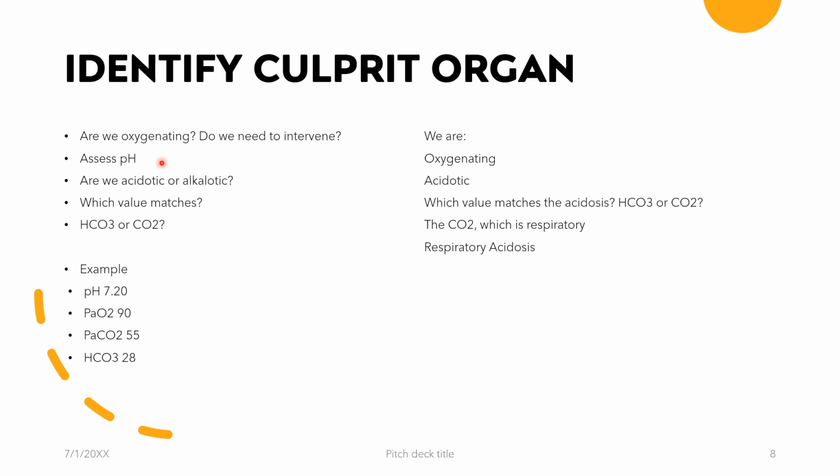Well, we've got to find out what our culprit organ is. We can give as much bicarb as we want, but if our lungs are still causing our acidosis, we're going to continue to be acidotic. So, acidic or alkalotic, and then which value matches? We'll look at the tic-tac-toe version here, but if we have an acidosis, what else is acidic?